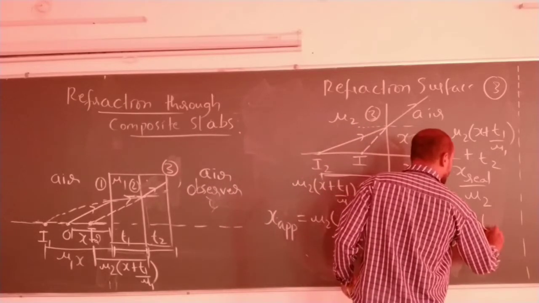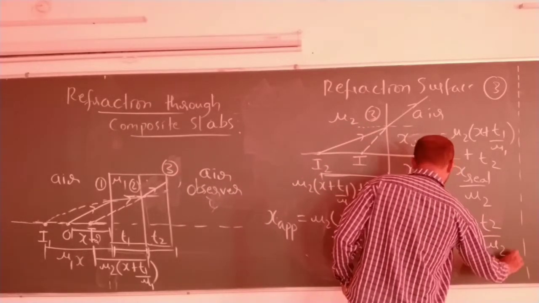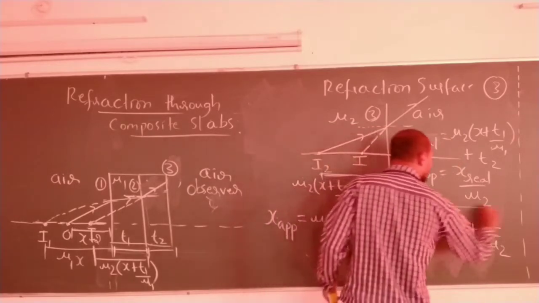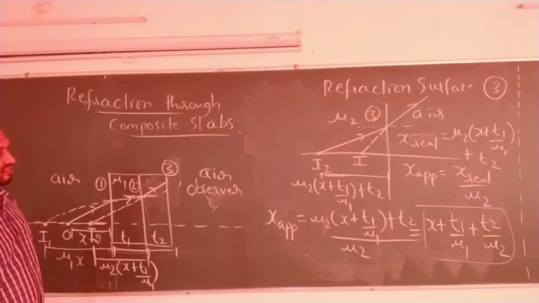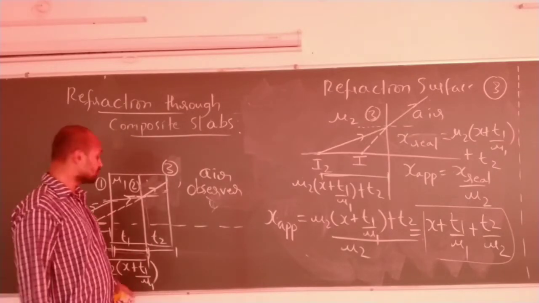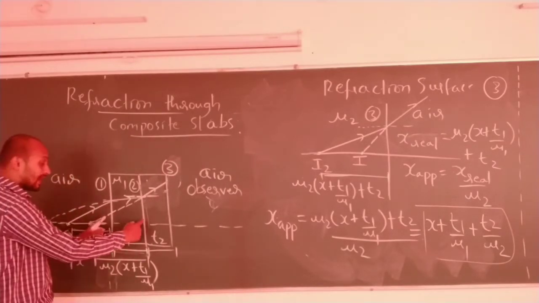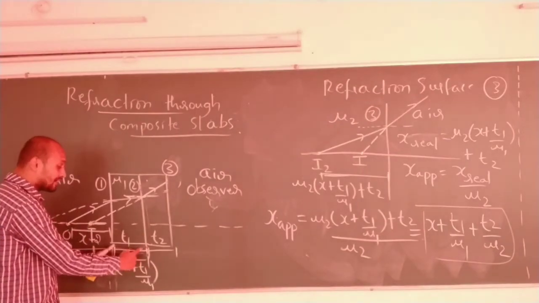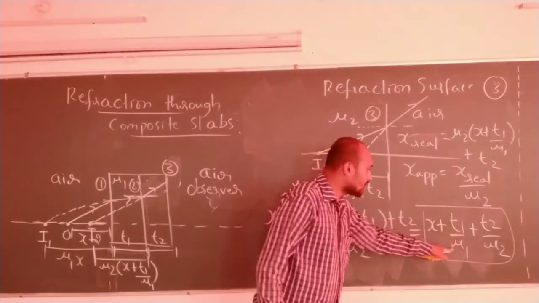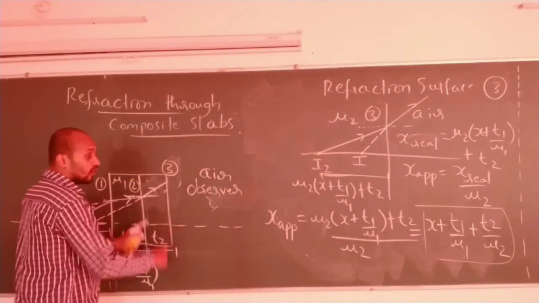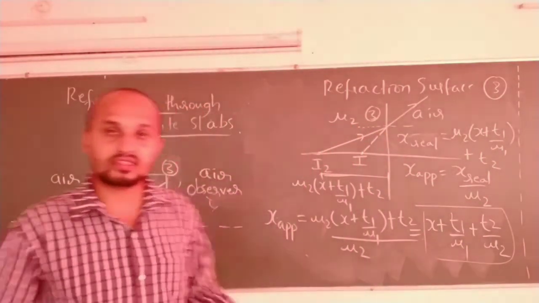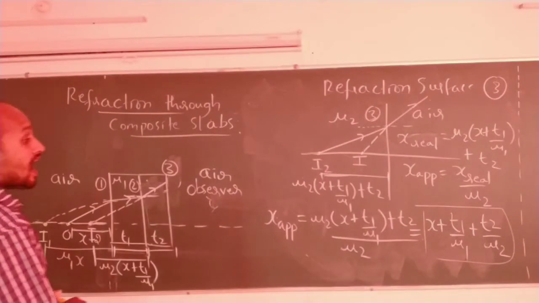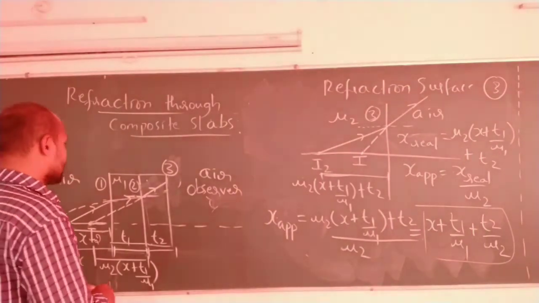Plus t2 by mu. So this is the apparent depth for these two slabs. This is the apparent depth: this distance plus, due to this slab, t1 by mu1, and due to this slab, t2 by mu2. Are you understanding this? So this will be the apparent depth for this one.